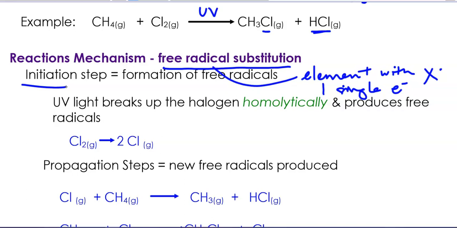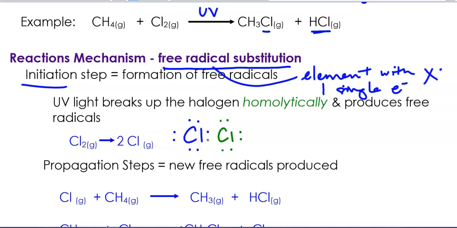The start is UV light first breaks up that halogen from being a molecule. Here's your chlorine with all its valence electrons, 7, and you've got another chlorine with its valence electrons, and they're sharing the 2 in the middle.